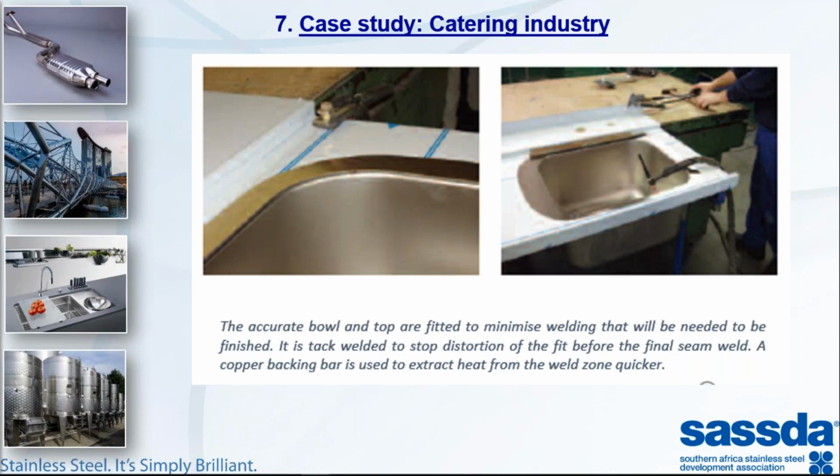They will start to tack weld this in, small tack welds, but with lots of them to minimize distortion, and then it will be welded up to smooth these tacks down. They will also use copper bars, aluminium backing bars to extract heat from that weld zone to minimize the heat input, as we discussed.